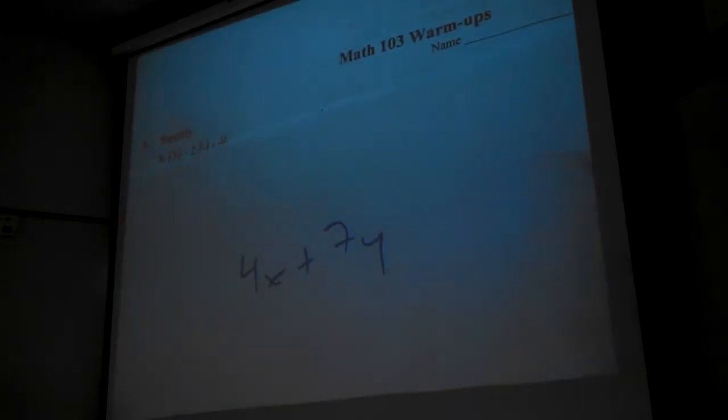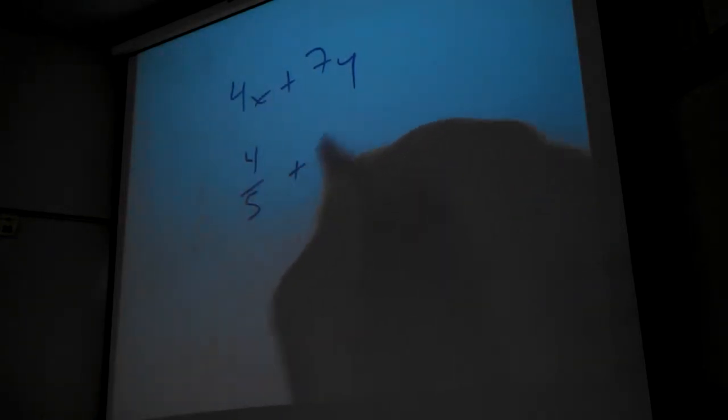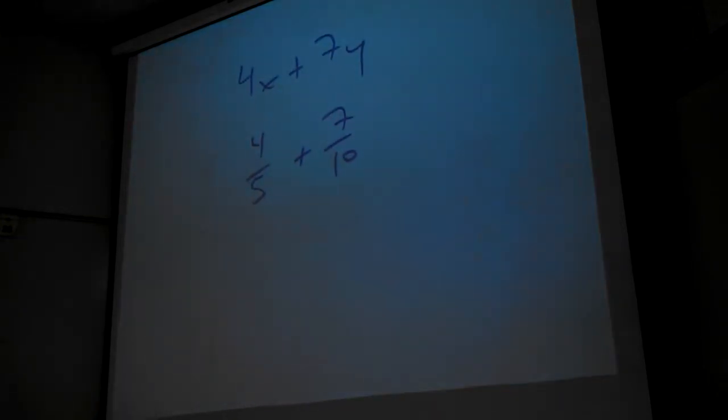The whole idea, like here, can I add 4x and 7y? Can I add 4x to 7y? Hell no, because of course you need like terms. So I think you're getting ahead. So if I add 4/5 plus 7/10, that is like 4x's plus 7y's. They're not like terms.